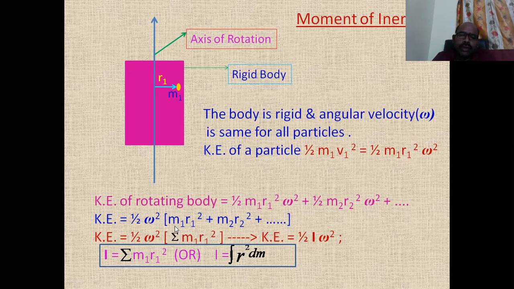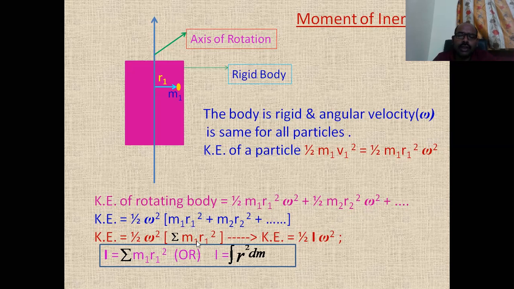If we generalize it, it is the summation i equal to 1 to n, or i equal to 1 to infinite. How many particles exist? We can run the n for those number of particles. Summation mi ri square. Actually, it should be i only.